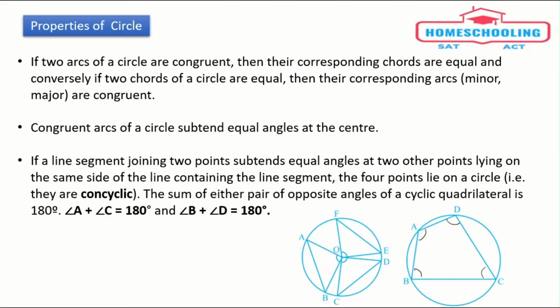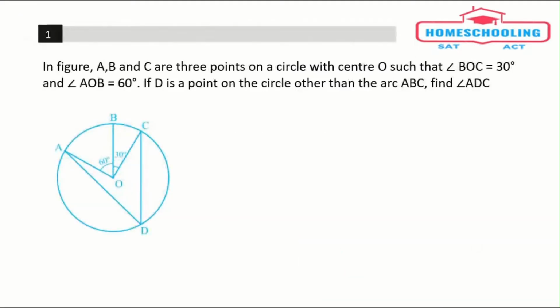Now let's solve some questions. In this question, in figure A, B, C are three points on a circle with center O. Angle BOC is 30 degrees and angle AOB is 60 degrees.